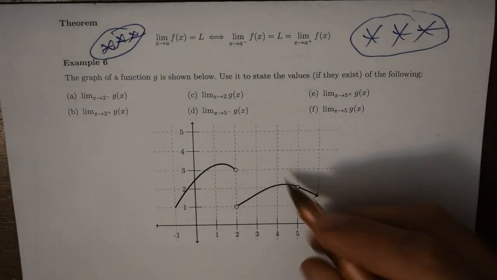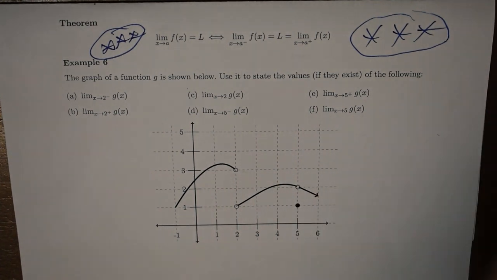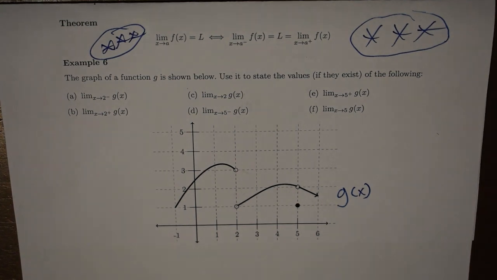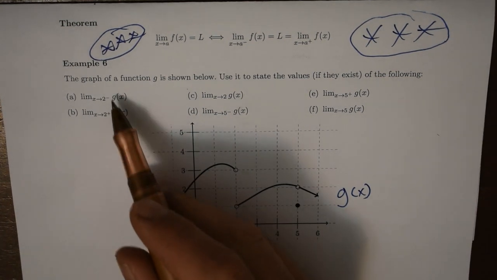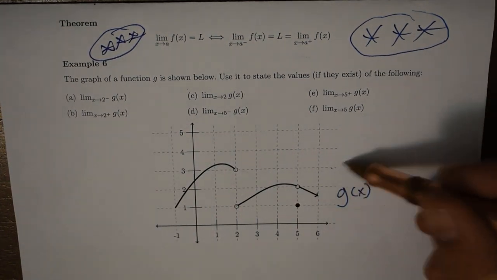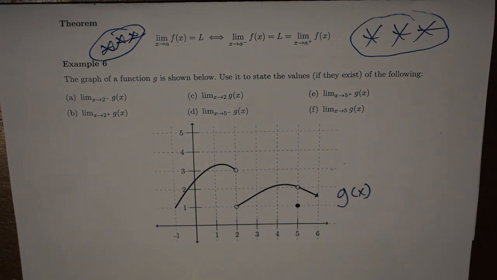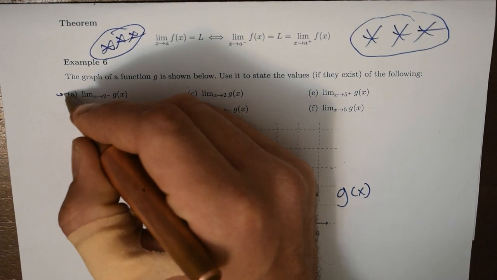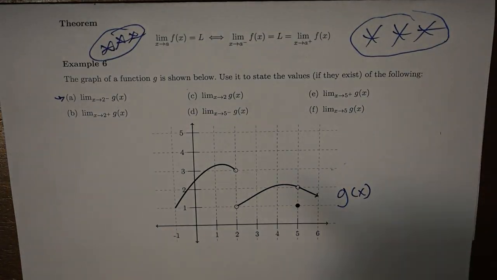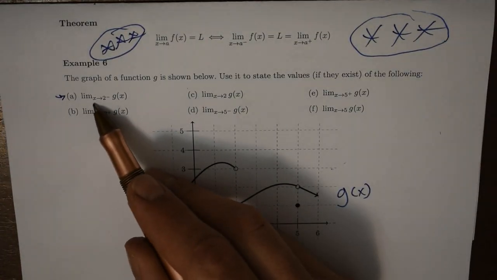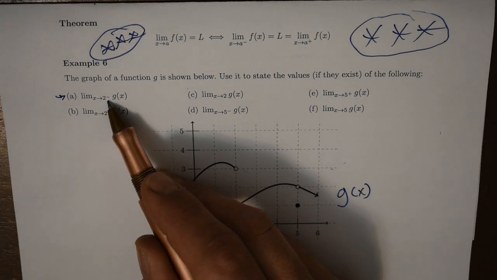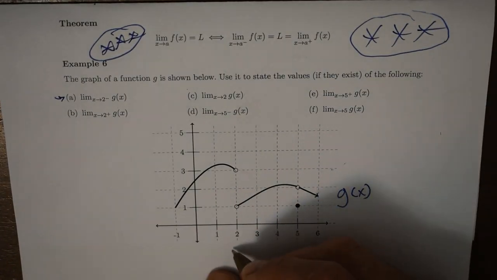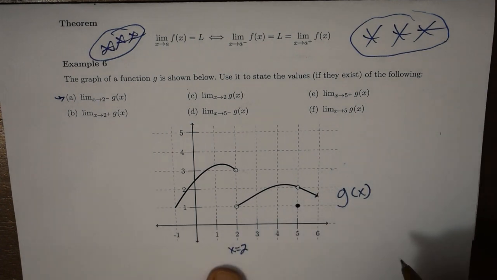So we have this function. This function is what I guess I called g of x, though I never labeled it. And we want to evaluate these limits based off of the graph of the function g of x. So we'll do letter A first. Seems like a natural spot to start. So the limit as x approaches 2 from the left of g of x. Okay, so here is x equals 2.